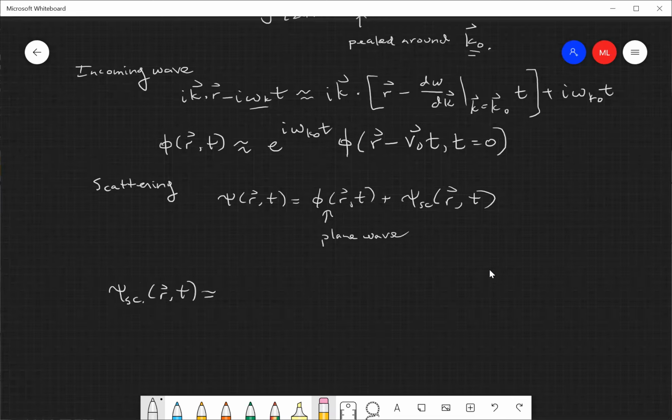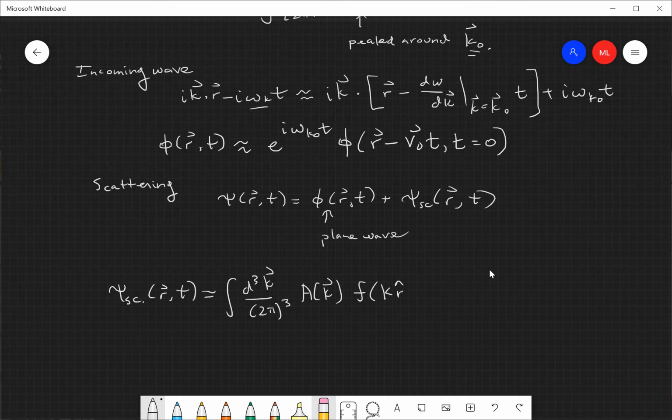So in that case, the scattered portion is just going to be the integral. Again, we have an integral over different modes that contribute. And now we have the asymptotic stationary solution, which is the scattering amplitude. We have k r hat, that's the direction we're looking, that's the k prime.